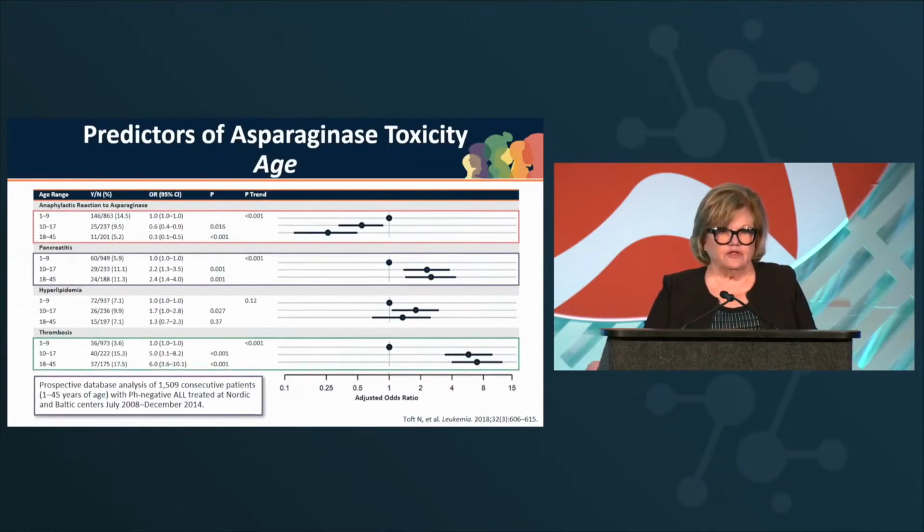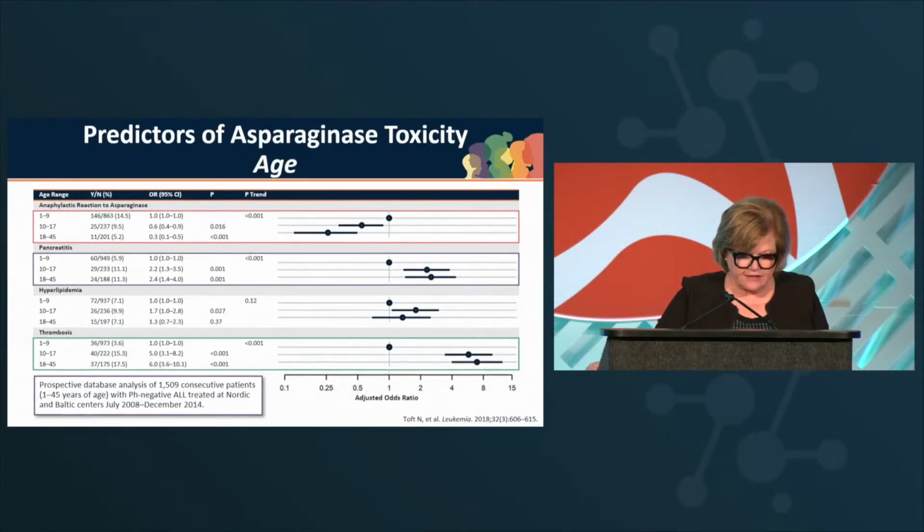So it's really interesting to look at the predictors of asparaginase toxicity, and what are some of the factors that you as nurses may think, these are the predictors of toxicity. Here we have it broken down by age, and we can see that anaphylactic reaction to asparaginase is more likely to happen in our younger patients.